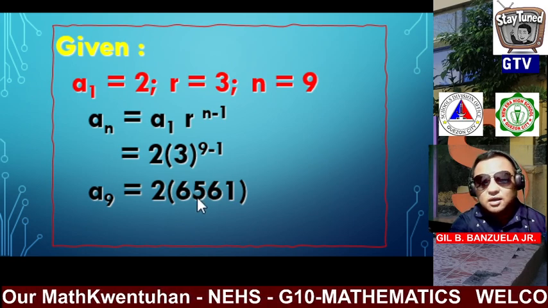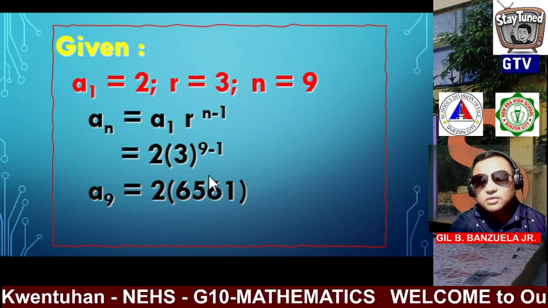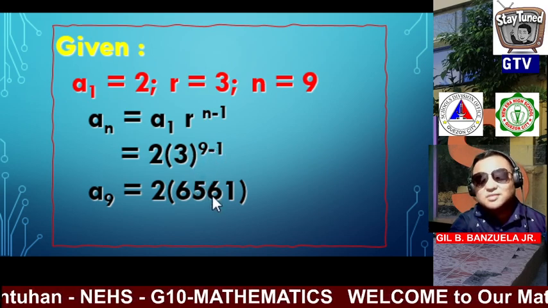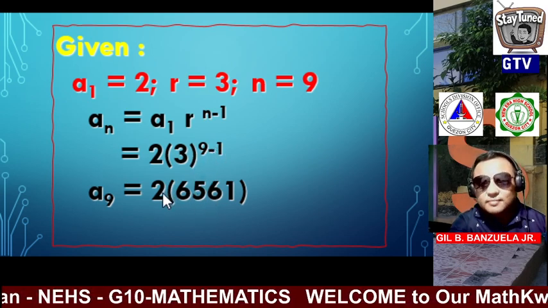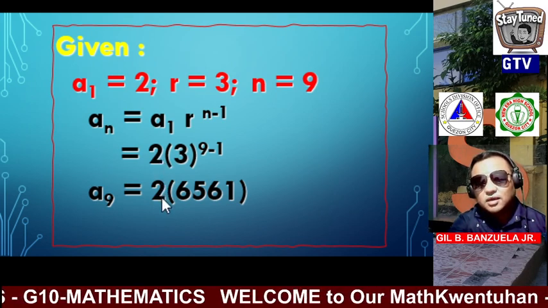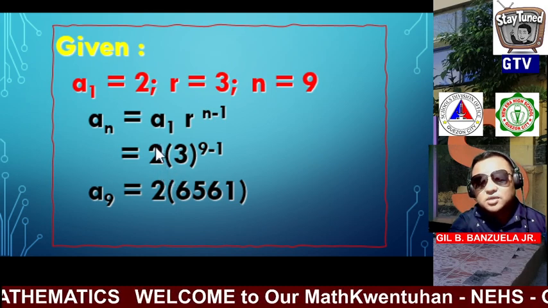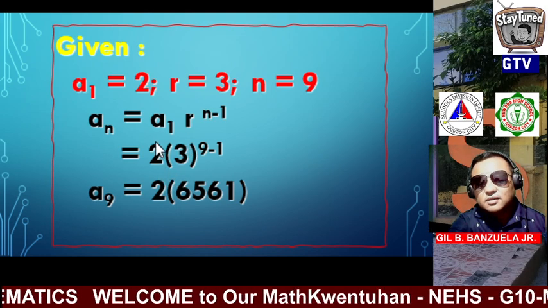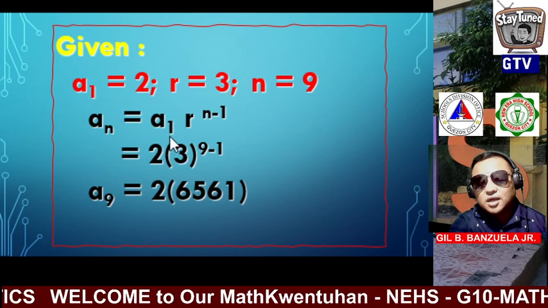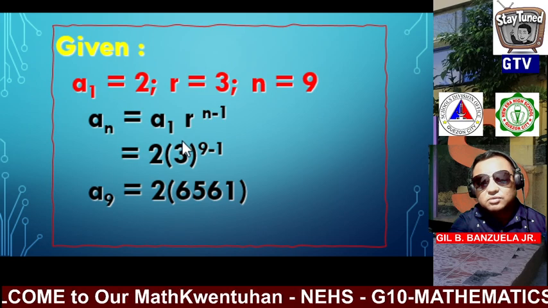Did you arrive at 6561 too? So, therefore, 3 raised to 8 is 6561. Then, don't forget to multiply that by 2. Guys, take note. Some students immediately multiply 2 by 3. If you do that, you will get an incorrect answer. Don't do that.